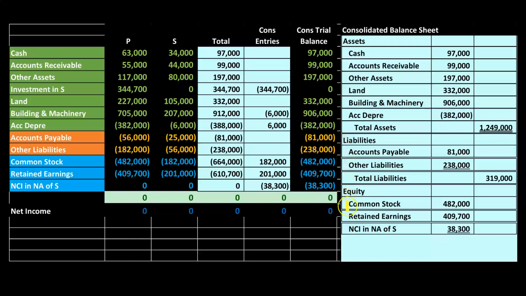So here's the full equity interest, and then here's the non-controlling interest, the 38,300, which represents part of the net assets above, part of the assets minus the liabilities, for which P has control over, but doesn't have claim to. And that's how you can kind of consider this. So that gives us the total equity. And then, of course, the total liabilities and equity down here matching up to the total assets. So the new thing is going to be this item.